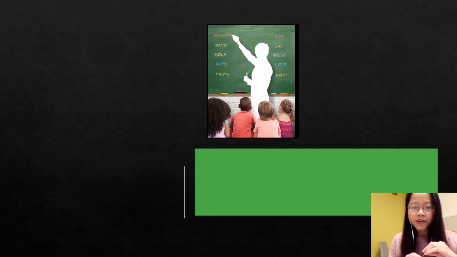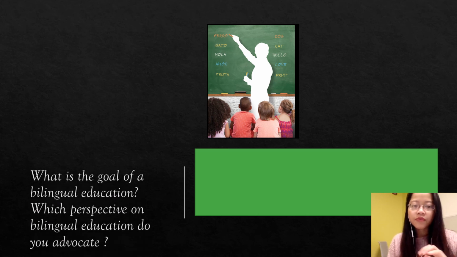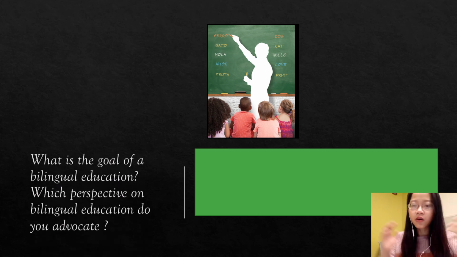I want you to first pause for a second and think about what is the goal of a bilingual education. Which perspective on bilingual education do you advocate? We have talked about the cognitive theories of bilingualism.